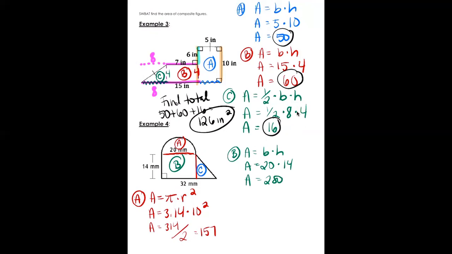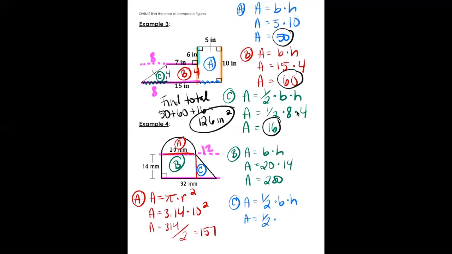And then lastly, section C is a triangle. The area of a triangle is 1/2 times base times height. The base, we have to figure it out. If that's 32 and that's 20, how much more do I need to add to 20 to get 32? You subtract 32 minus 20 to find the difference.